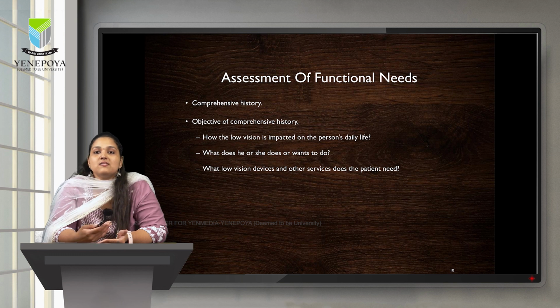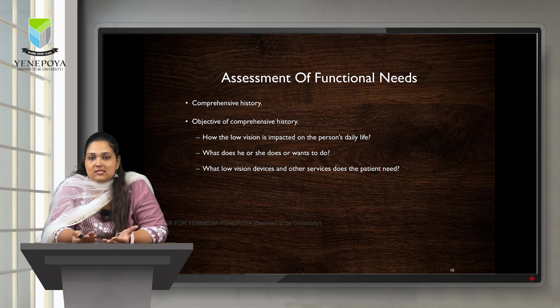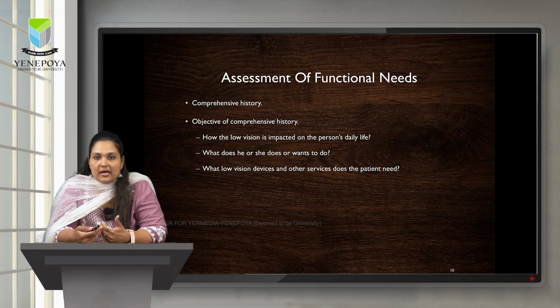These conditions they will be hearing repeatedly, and some patients are already in the depression stage. So I'll ask them, please give your file, and I'll go through the files. After that, I'll sit with them and talk about their functional needs, that is, from morning till evening what they are doing and for what they need my help.